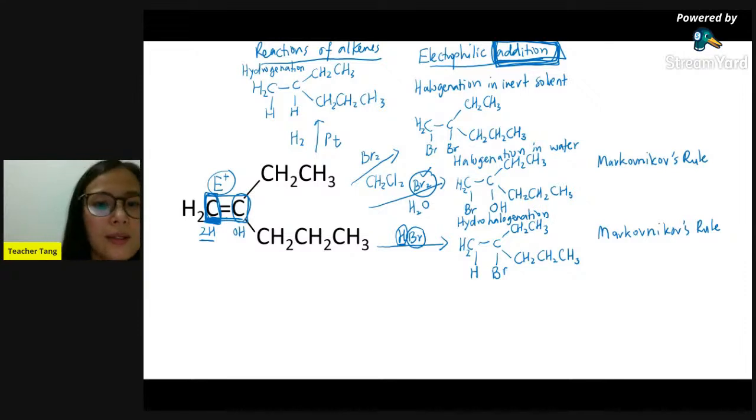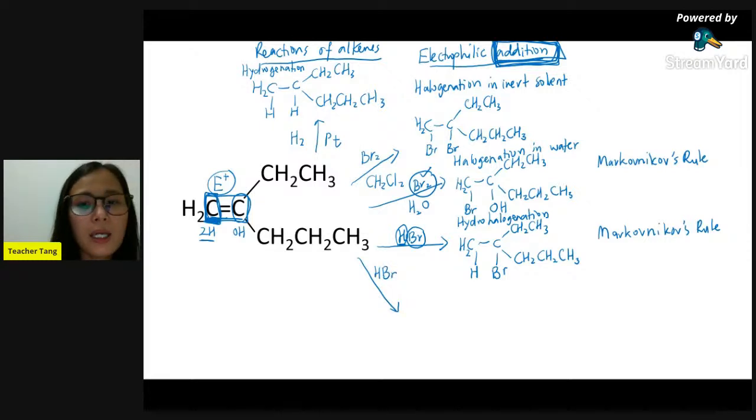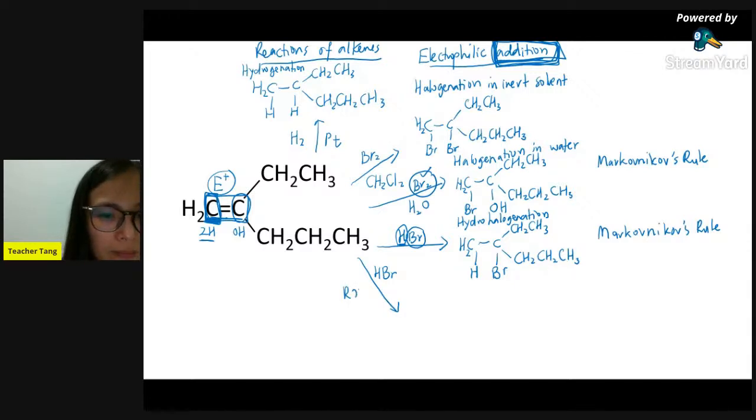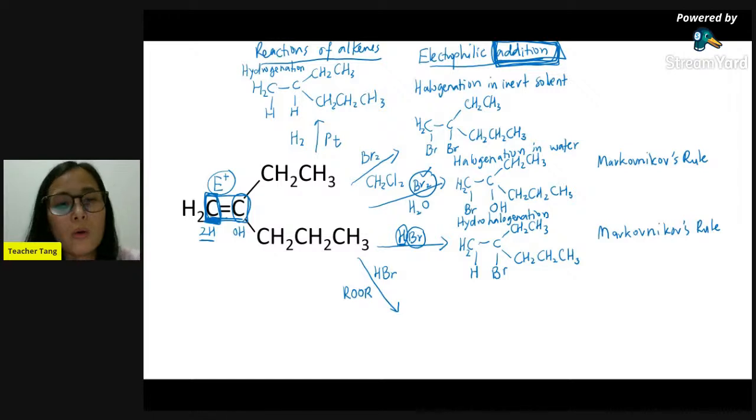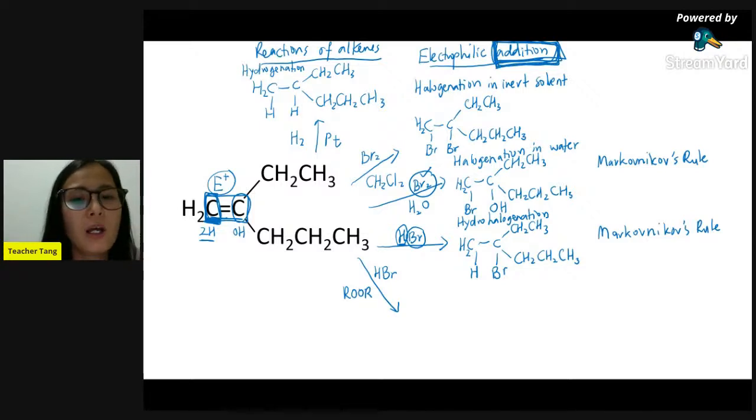Okay, and then hydrohalogenation, the HBr can also occur with the presence of peroxide. And I told you already, the peroxide, it is still addition, but it will be anti-Markovnikov.